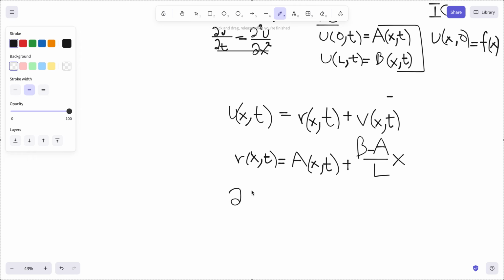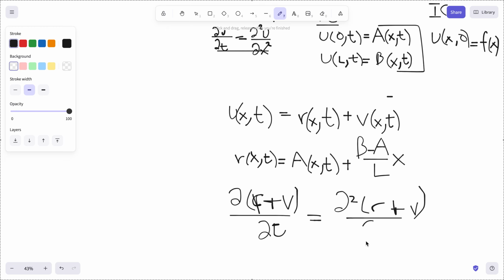Because if we write partial u over partial t is equal to partial r plus partial v over partial t, and that equals partial squared of r plus v over partial x squared.